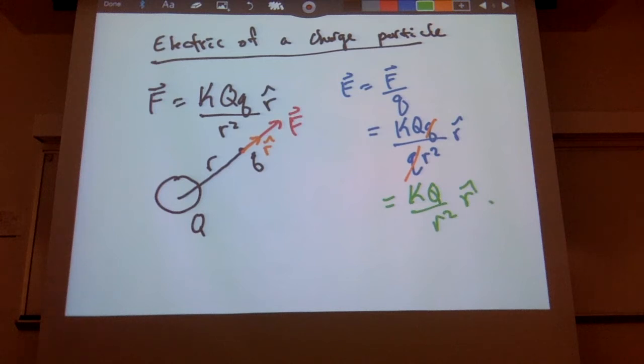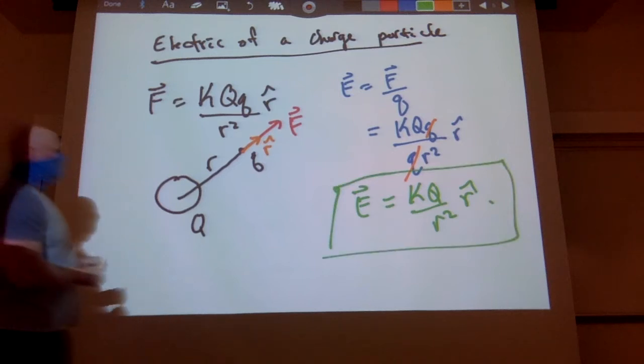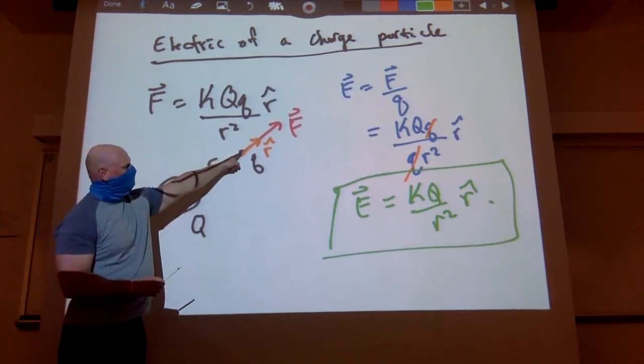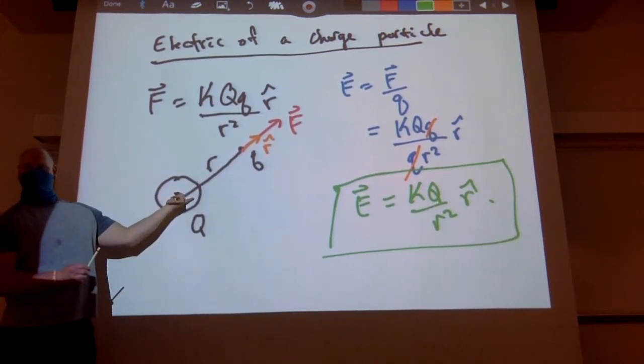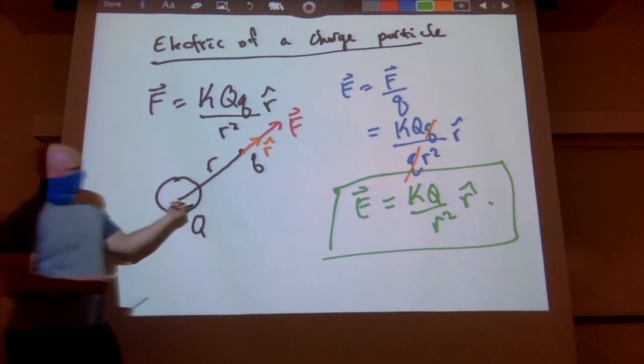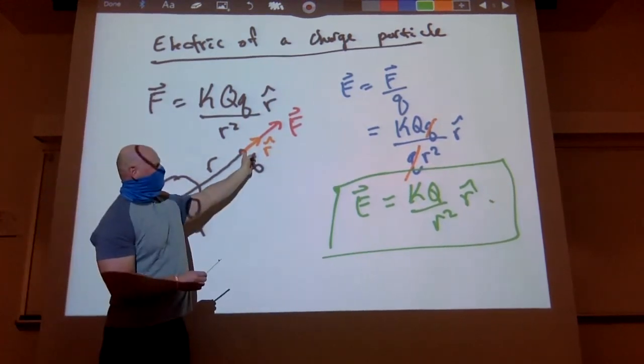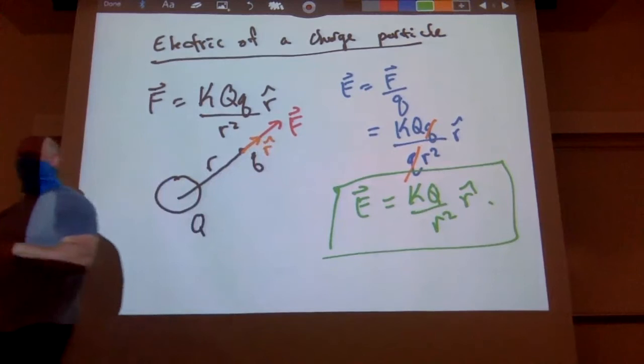This is then the electric field of a point charge. So this says if I have a single point charge, the electric field at that given point simply depends on the magnitude of the charge, the radial distance I am away from that charge, and then r hat just represents the direction.